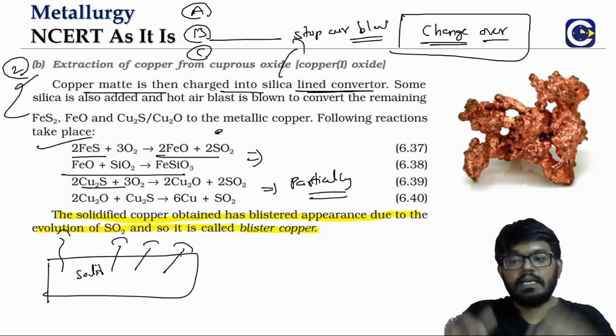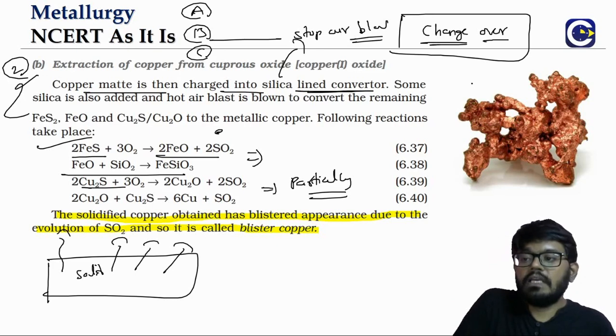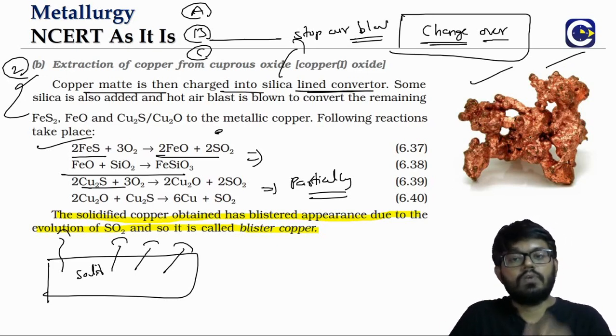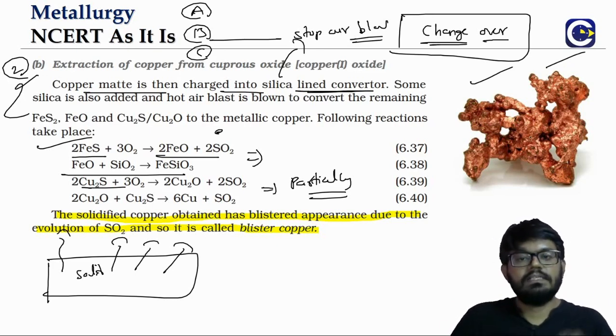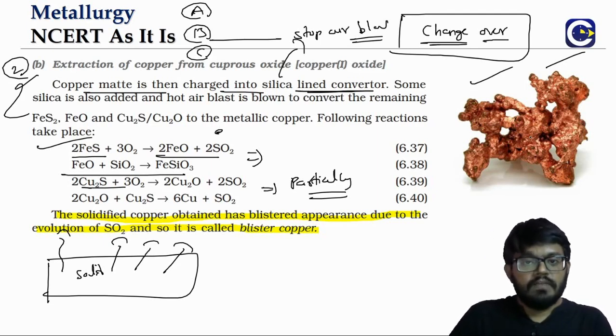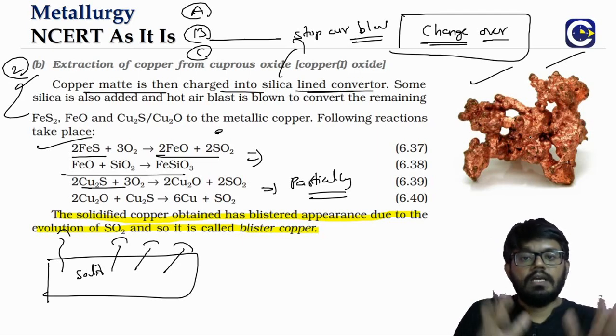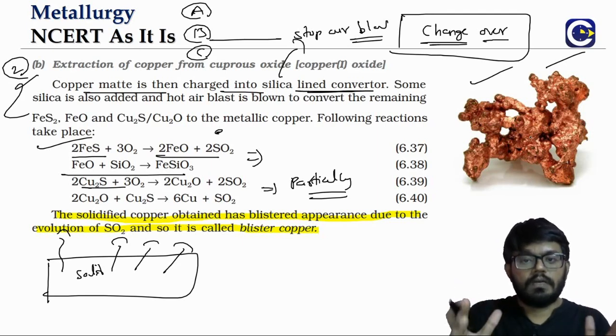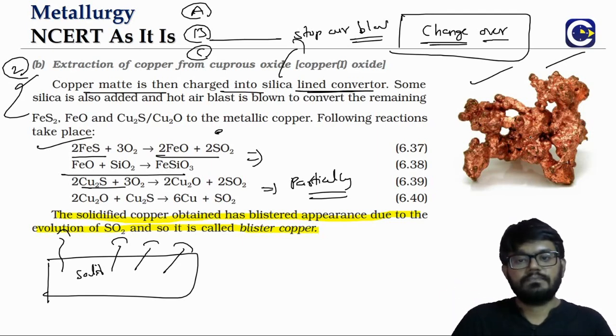The dissolved SO2 will start escaping, and that will give it this kind of a shape. That's what we call blister copper. What is the reason for the blister copper? The SO2 will evolve out of the molten copper when we are trying to solidify it.